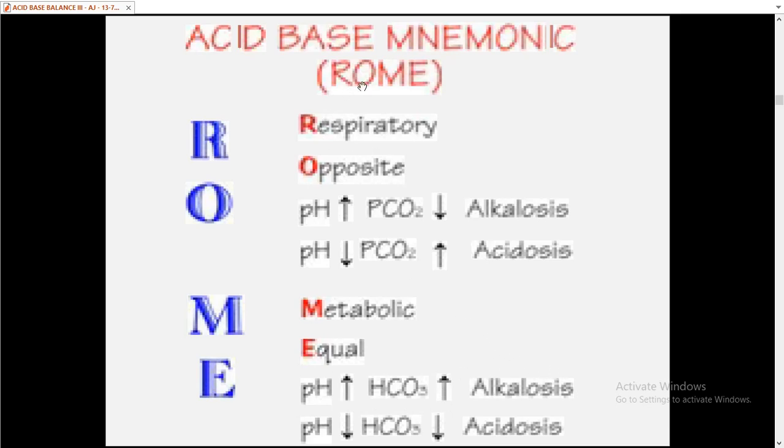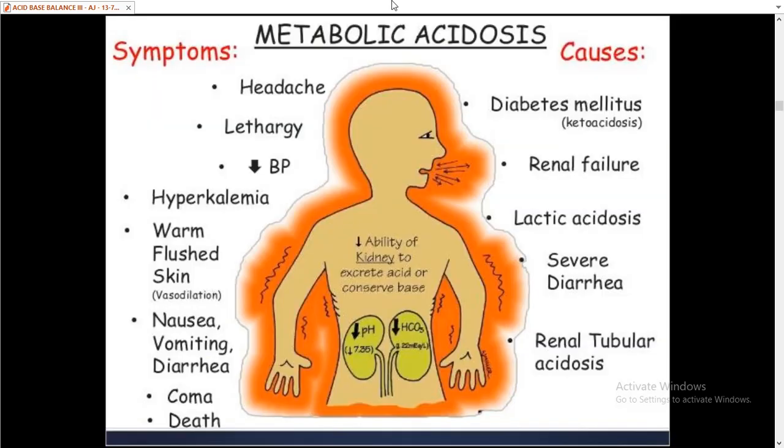So you can remember this disturbance by the mnemonic ROME. So metabolic acidosis occurs due to decreased ability of the kidneys to excrete the acids or conserve the base. In this case, the pH drops below 7.35 as well as bicarbonate drops below its normal level.